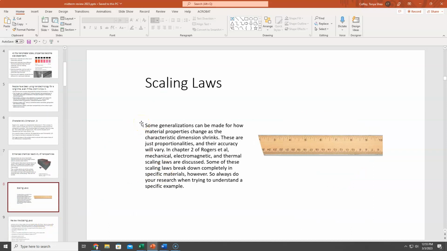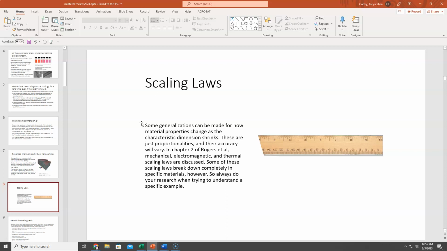Okay, scaling laws. Some generalizations can be made for how material properties change as the characteristic dimension shrinks. These are just proportionalities, and their accuracy will vary. In Chapter 2 of your textbook, they discuss scaling laws for mechanical, electromagnetic, and thermal properties.